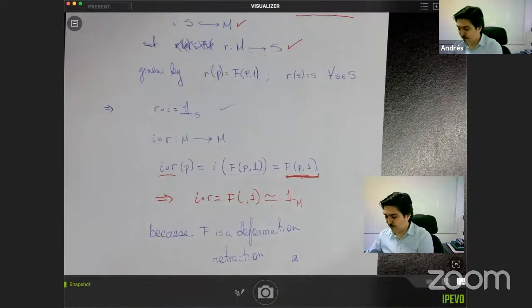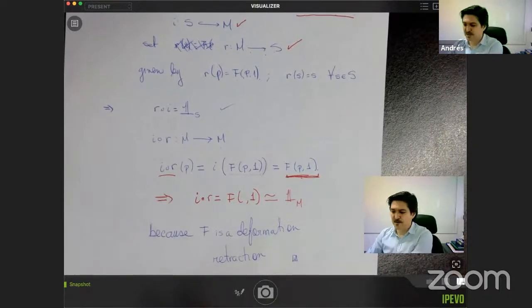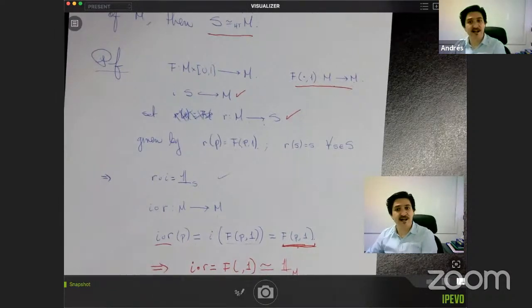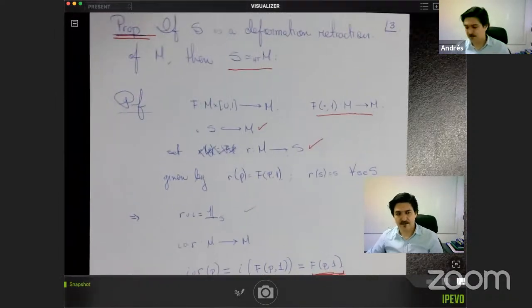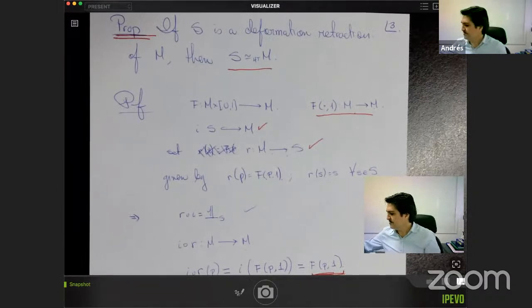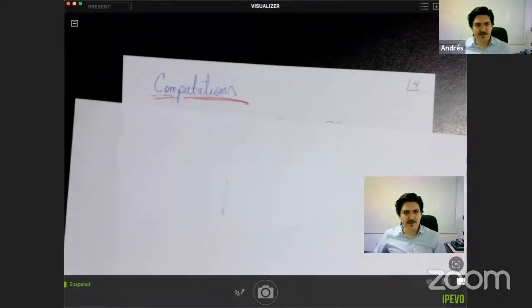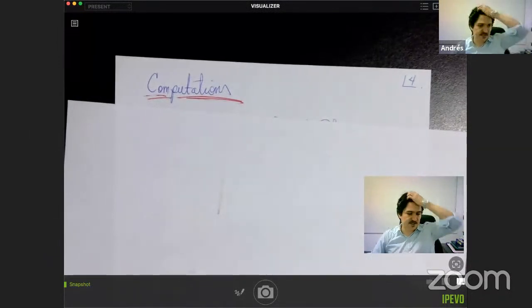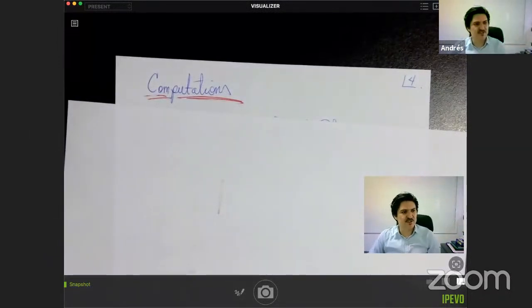That would be the powerful tool. And this concept of spaces having the same homotopy type. So let's go and do some computations.